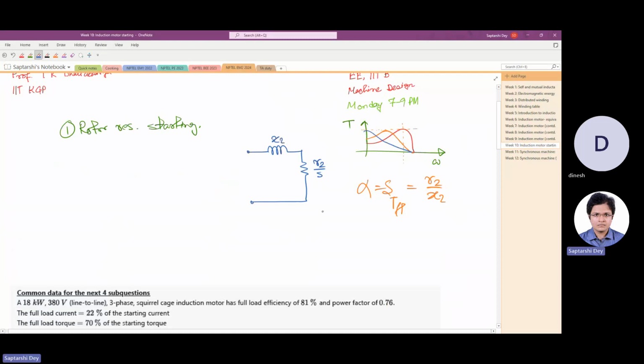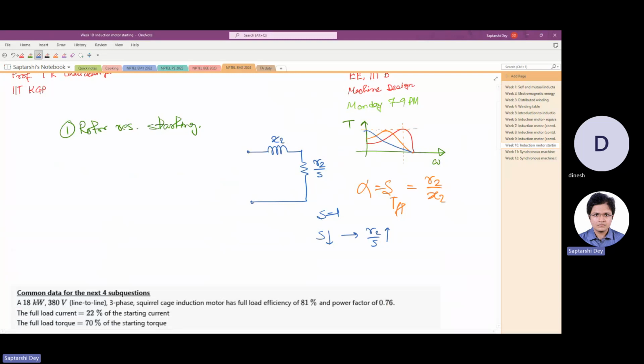At starting, S is equal to 1, and when the speed increases, S reduces, that is, R2 by S increases. So the minimum resistance of this circuit is at starting. That's why it draws a large current at starting. Increasing the rotor resistance not only increases the starting torque, it also reduces the starting current. So this is one potential way of starting.